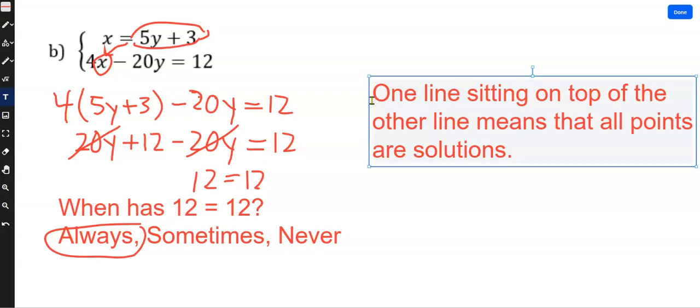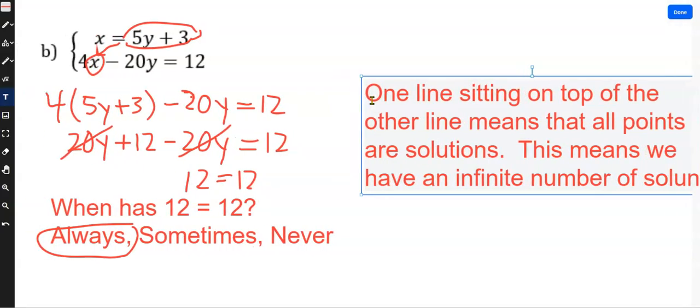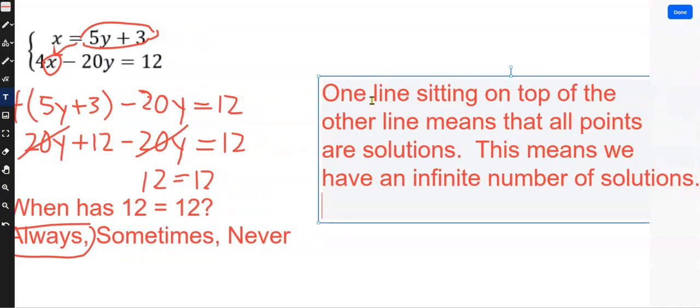Well, wait a sec. A line goes on forever and ever in both directions, never stops. This means we have an infinite number of solutions. So you've heard the expression infinitely many.